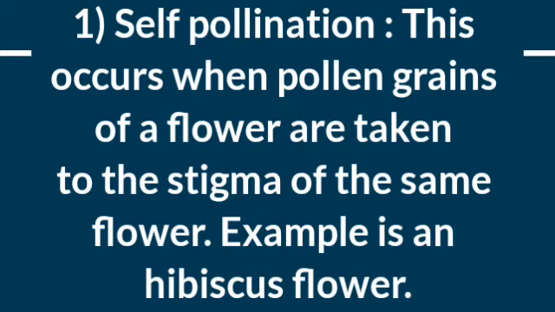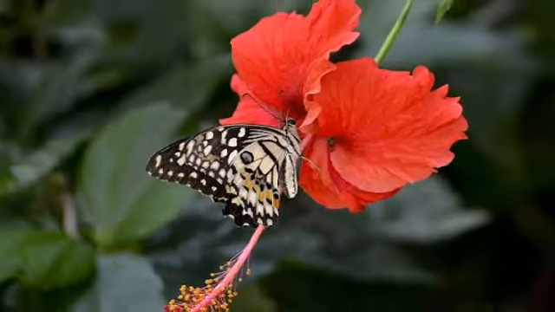This occurs when pollen grains of a flower are taken to the stigma of the same flower. Self-pollination happens when the pollen grains of a flower are taken to the stigma of the same flower. Example is a hibiscus flower.